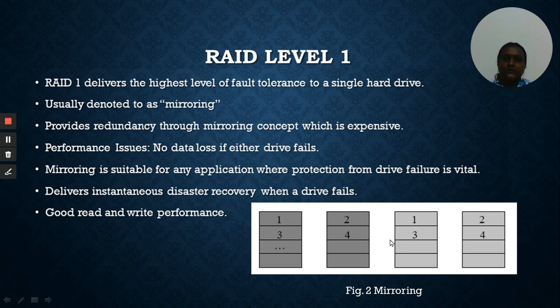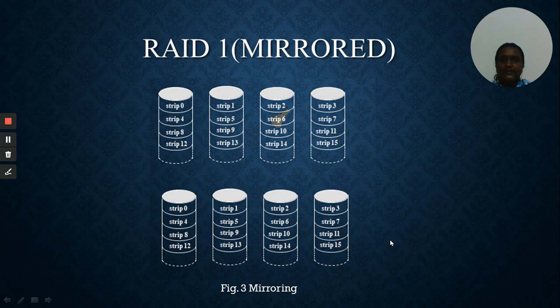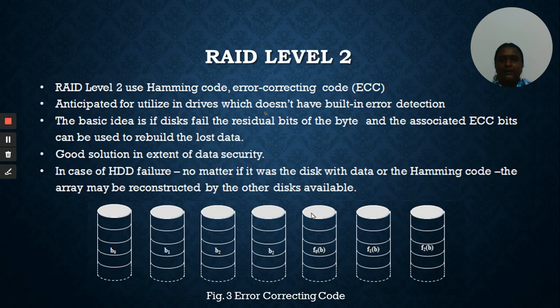This is another example: they stripe it as 0, 1, 2, 3, 4, 5, 6, and like this you can make use of it. Otherwise, you can do the mirroring of the same concept of level 0 and store it in another level. In RAID level 2, we have the error correcting code.